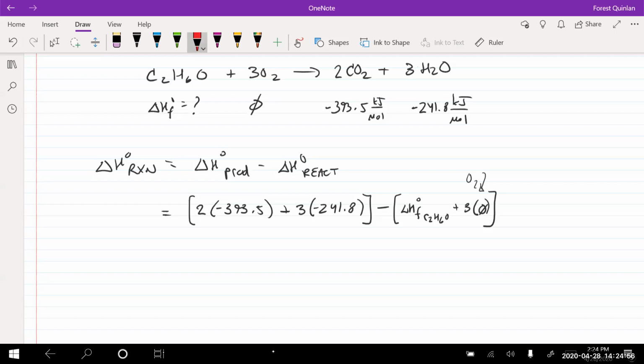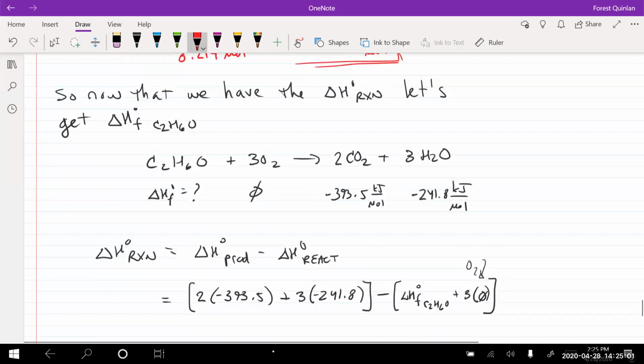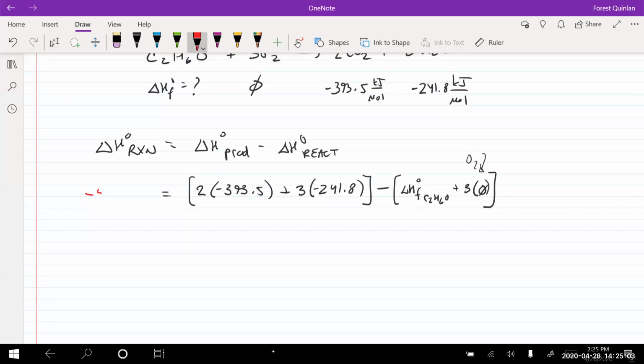But we know that this equals negative 41.47 kilojoules per mole.